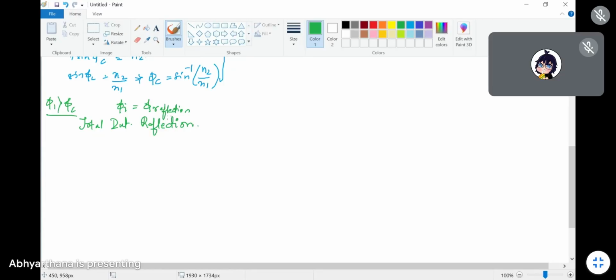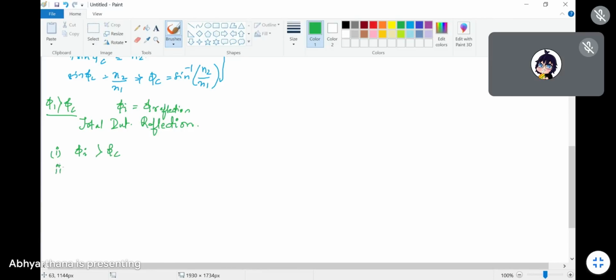Now you have to keep in mind when you talk about the optical fiber, there are two conditions. The first condition for light to propagate inside the fiber is that phi 1 is greater than phi c, that is, the angle of incidence is greater than phi c.